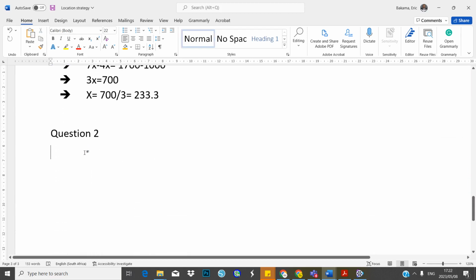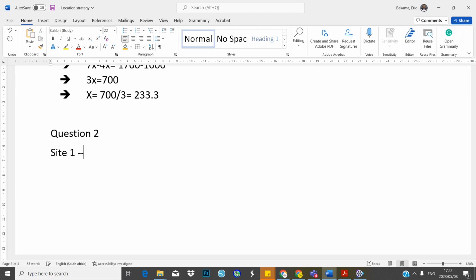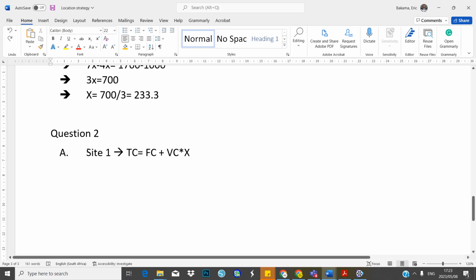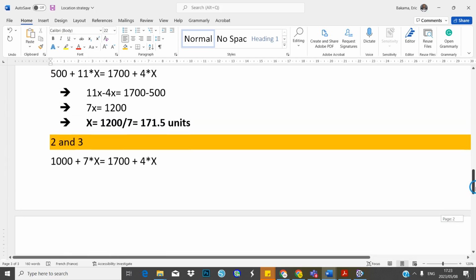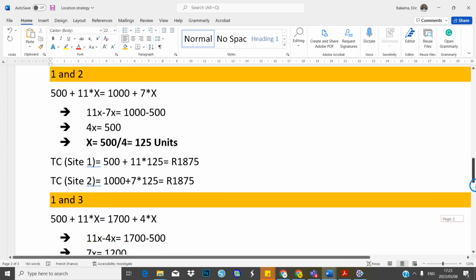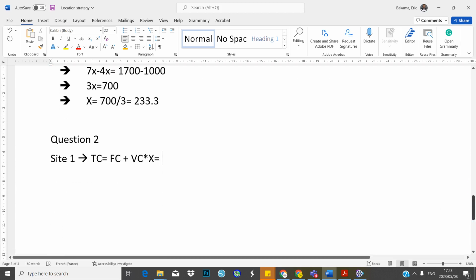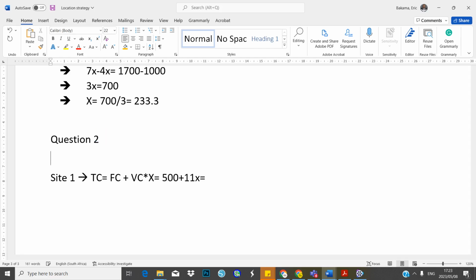Total cost equals fixed cost plus variable cost. Now let's say site 1. We will calculate site 1 first. When it comes to site 1, the fixed cost is 500, plus 11x. Keep in mind that we are talking about x equal to 200 units.